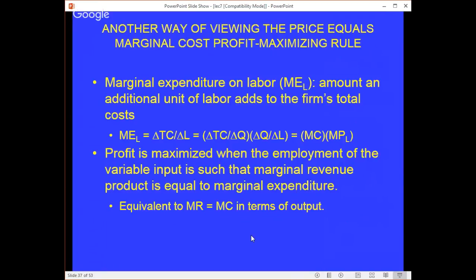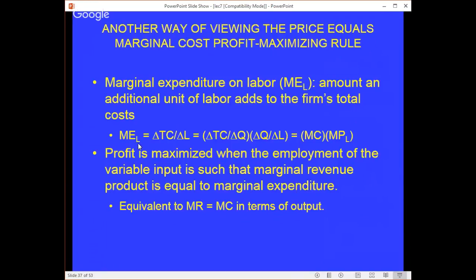Now, if I'm paying everybody the same wage and the wages are fixed, I just call that the wage rate. But it doesn't necessarily have to be the wage rate, which is why we have our marginal expenditure on labor. How much more am I spending on that last unit or that last worker? It's the amount that additional units of labor add to my total costs.